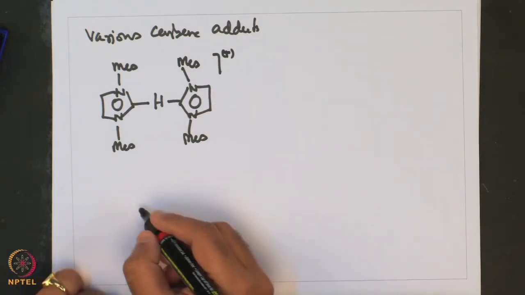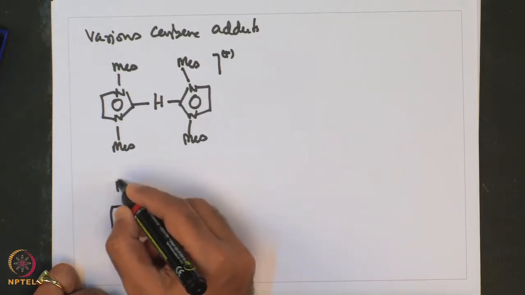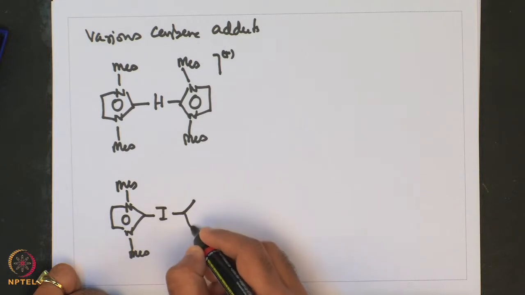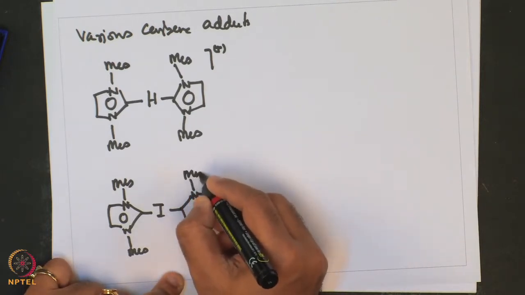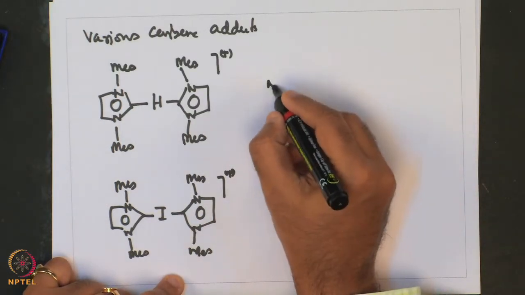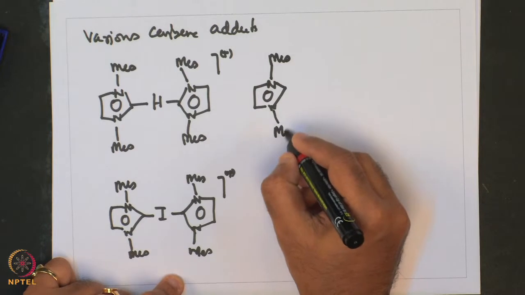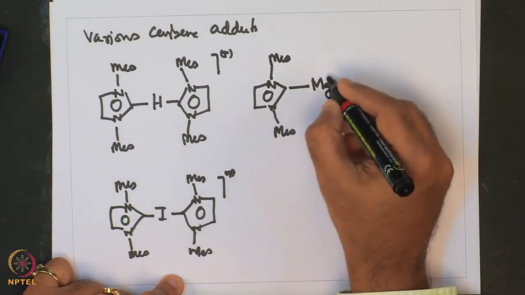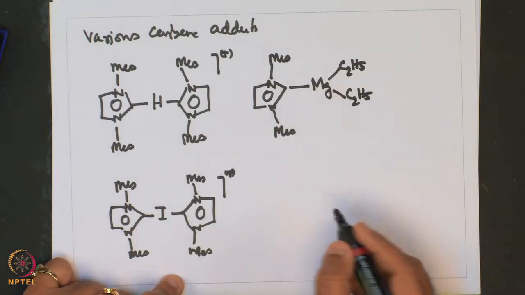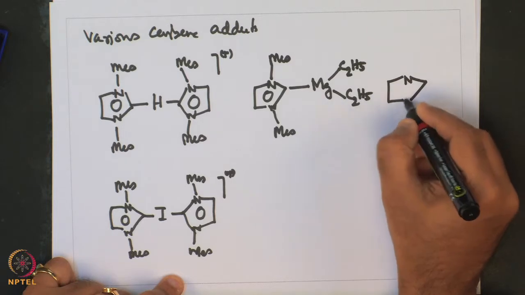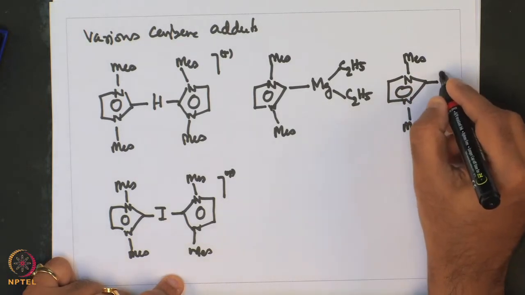Similarly, a Li plus stabilized by two carbenes. Then mesityl, magnesium diethyl, mesityl, aluminum H3.